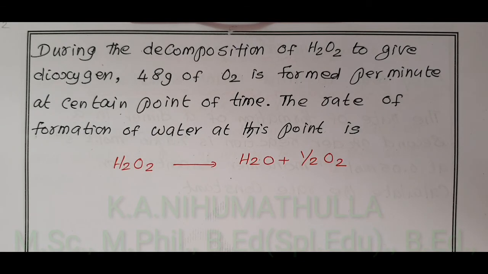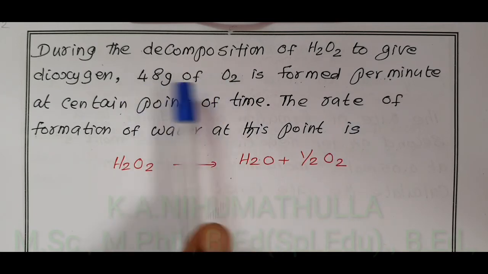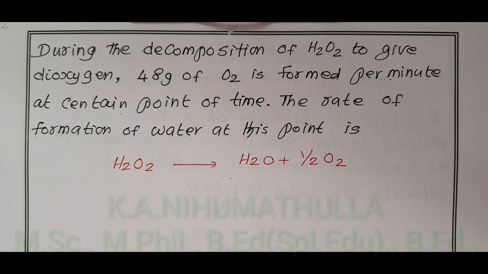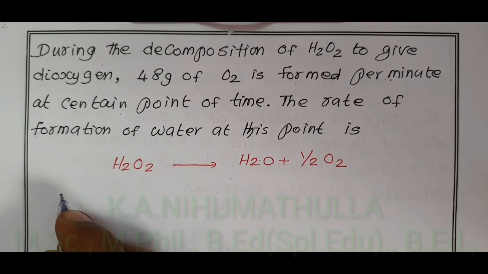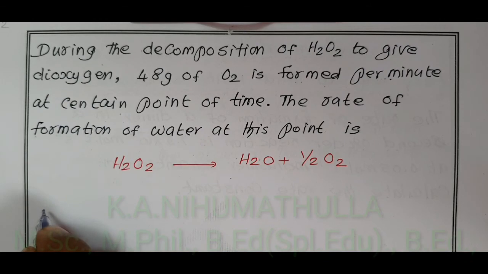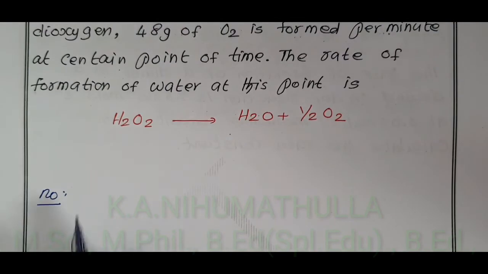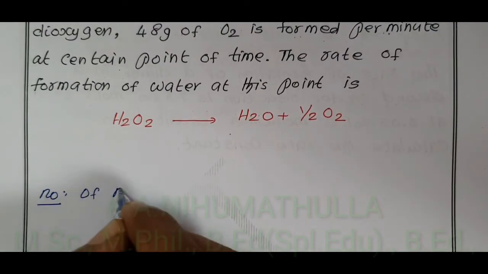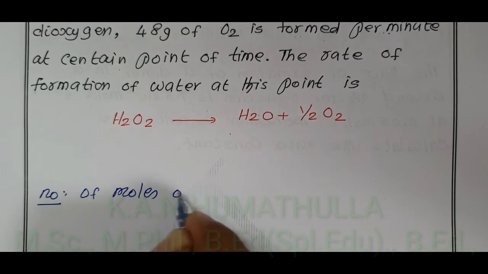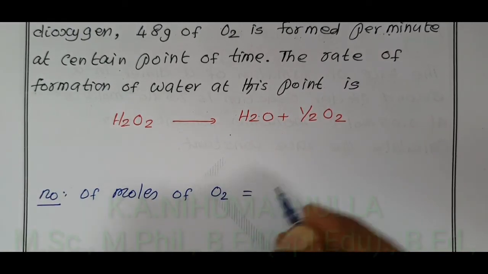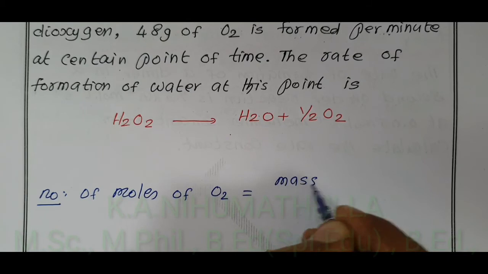But in our problem, no molarity value is given, only the mass of oxygen is given. In how many liters? 1 liter, per minute per liter. Now, how to find out the number of moles of O2? Number of moles of O2 is equal to mass by molar mass.